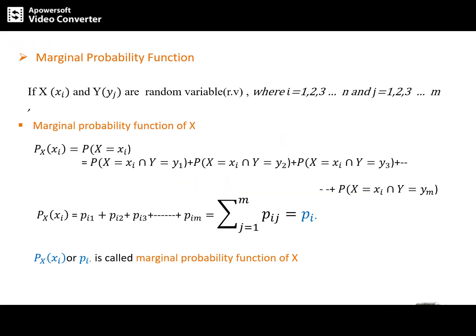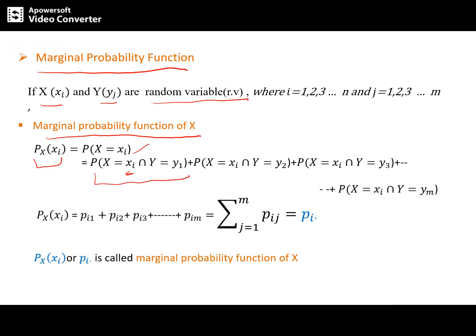Marginal probability function. If X and Y are random variables, then the marginal probability function of X is denoted by the probability of X equal to xi, which is the probability of X equal to xi intersection Y equal to y1, plus the probability X equal to xi intersection Y equal to y2, and so on, up to the probability X equal to xi intersection Y equal to ym.